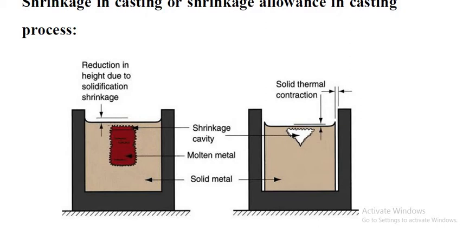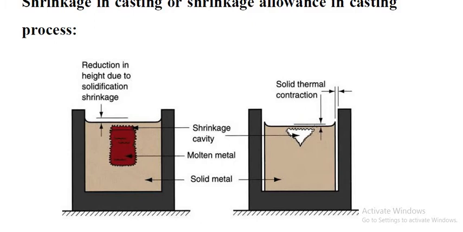So what happens if we make the pattern a little bit larger, so that even when it shrinks it actually reaches the desired height. Similarly here in this figure you see the shrinkage occurred due to solid thermal contraction. Here the height of this casting should be this one, but its actual size is this one.